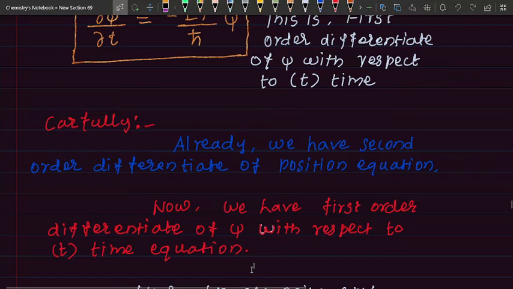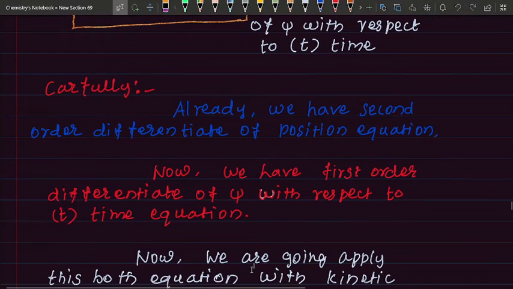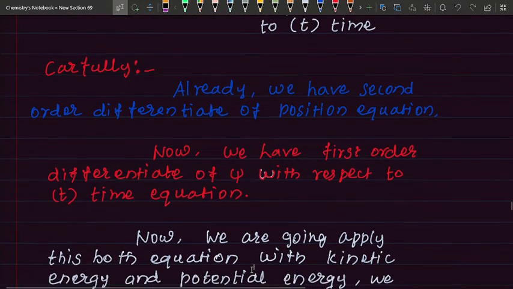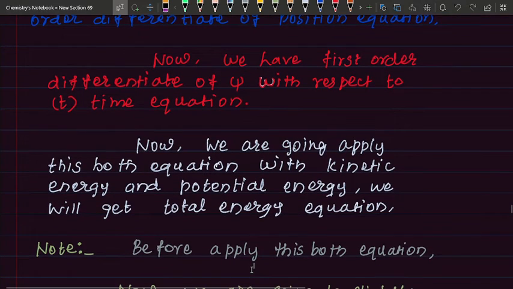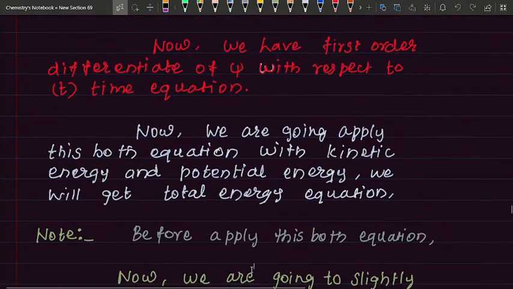Already we have the second order differentiation with respect to position, and now we have the first order differentiation of ψ with respect to time. Now we are going to apply both equations with the kinetic energy and the potential energy. We will get the total energy equation.